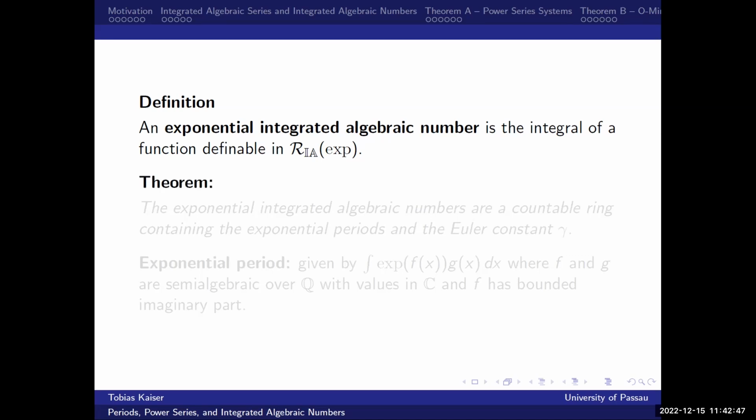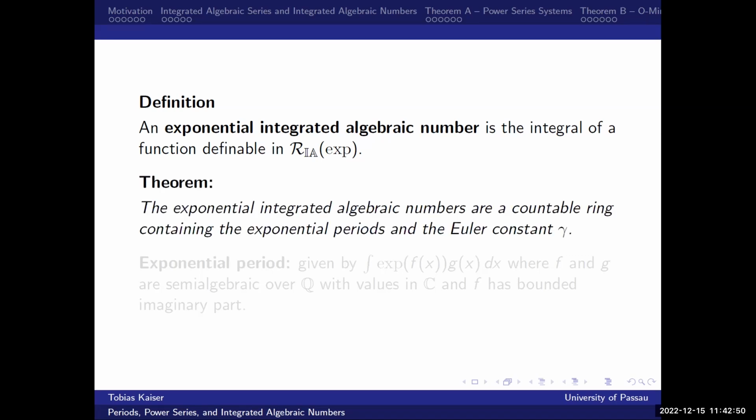And what is the result here? Well, these exponential integrated algebraic numbers give a countable ring, of course, containing the periods, but also containing the so-called exponential periods, and also the Euler constant gamma. What is an exponential period?